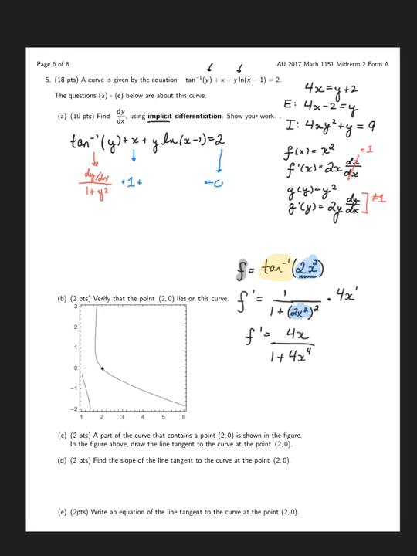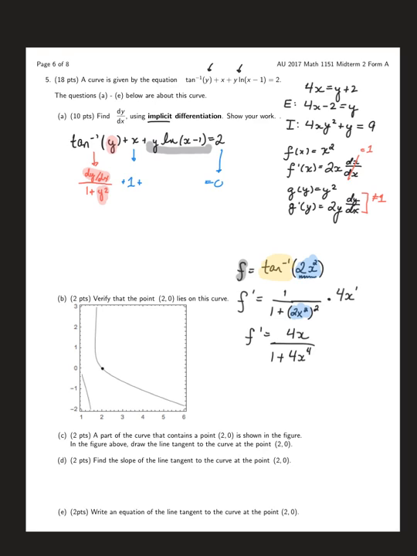So here, our angle is y. So in the denominator, this is why we have y squared. In the numerator, we have the derivative of y, which is just dy/dx. Plus 1, plus, now we're going to use the product rule here. We must use the product rule because we have two functions being multiplied together.